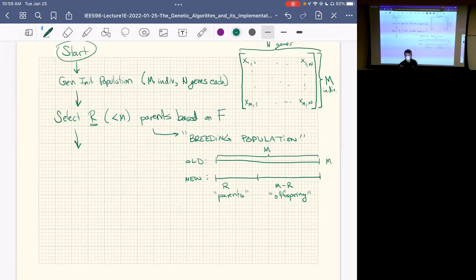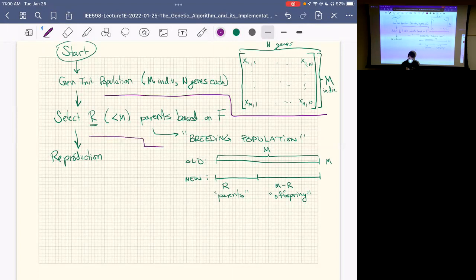After we select the R parents, we now need to figure out how to populate those M minus R offspring. That's where we do reproduction. In the reproduction step, this is where we do crossover and mutation.